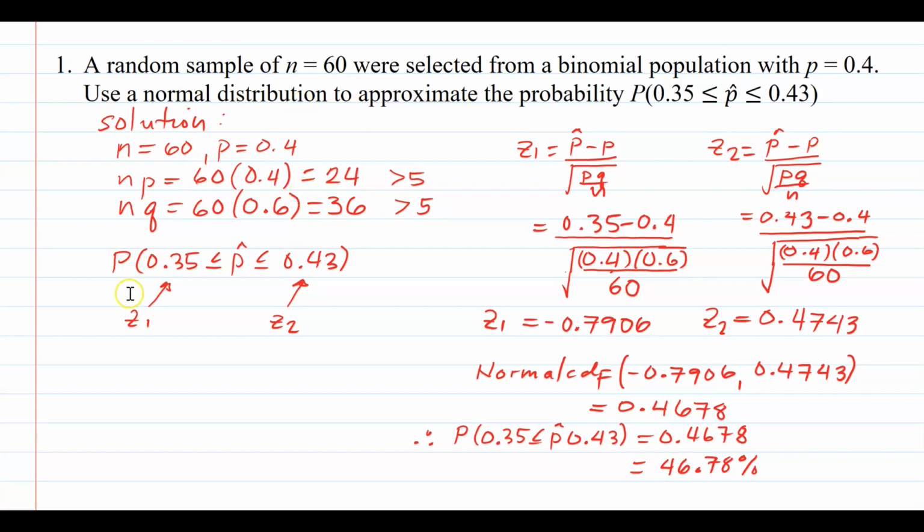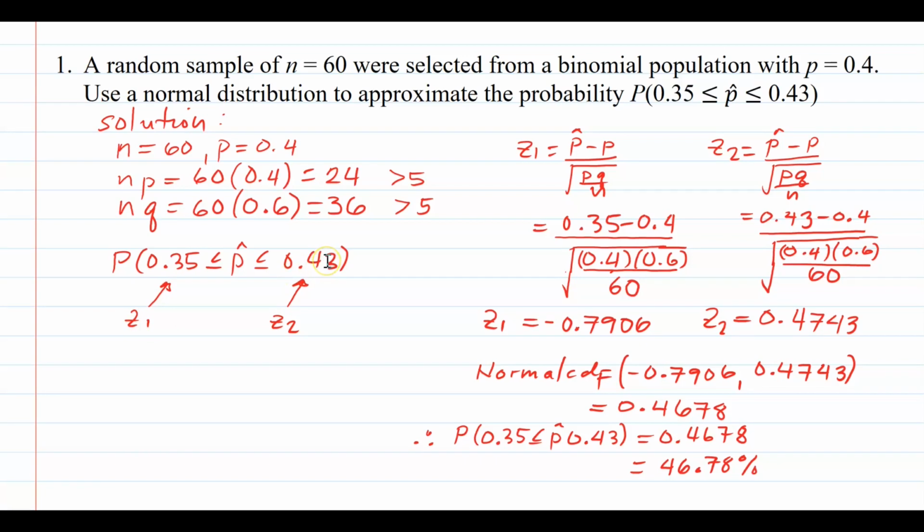Our question is to determine the probability that the p hat is between 0.35 and 0.43. So we will convert the p hat values into z values. The first value, 0.35, we will convert into a z value and call it z1.